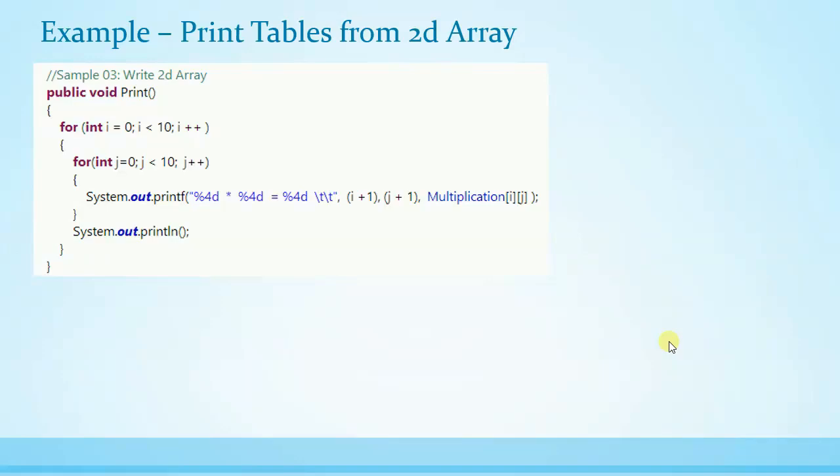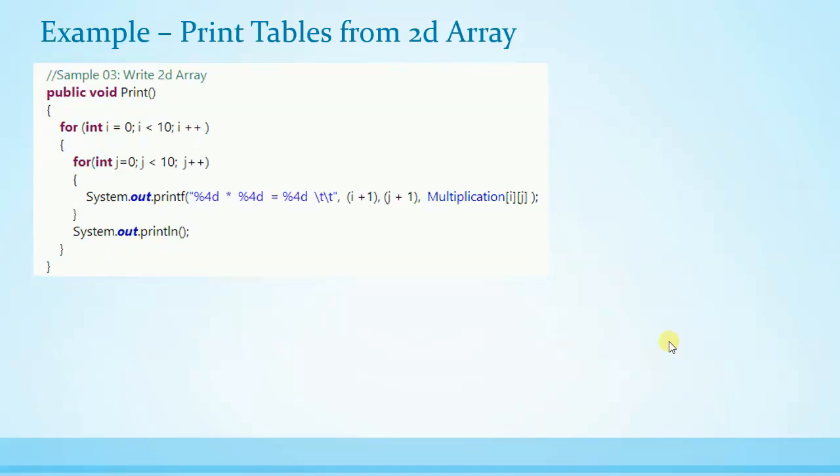System.out.printf first prints %4d. %4d means we are printing it in a formatted way. That means we are allocating room for 4 digits, and we are justifying the result in a right-aligned fashion.